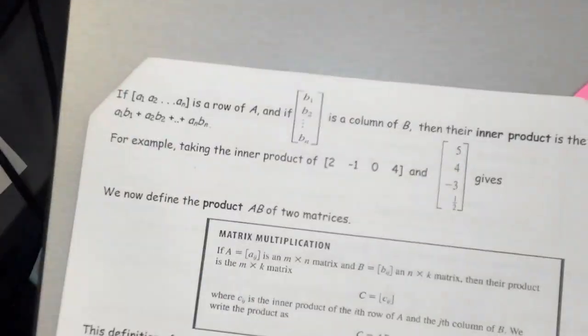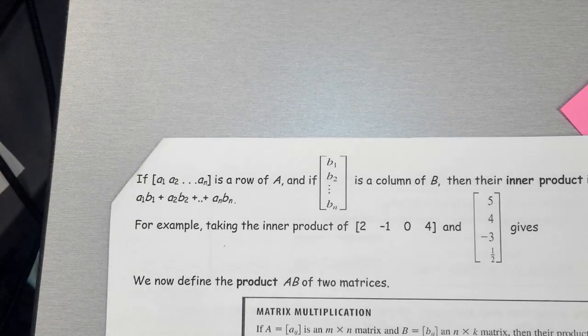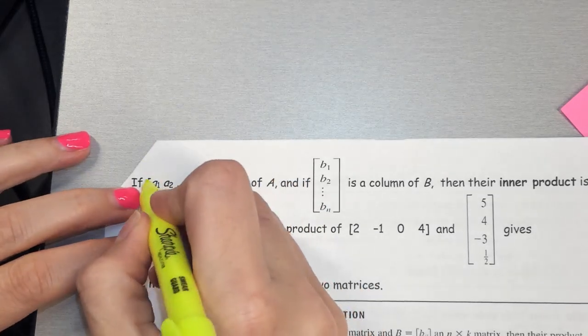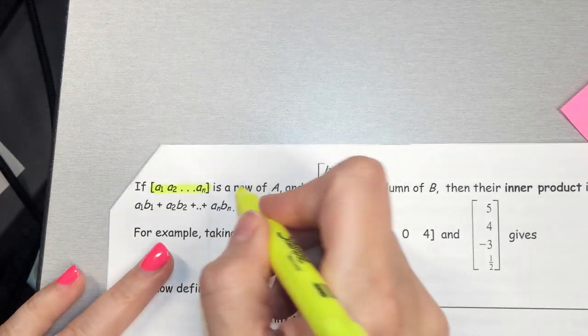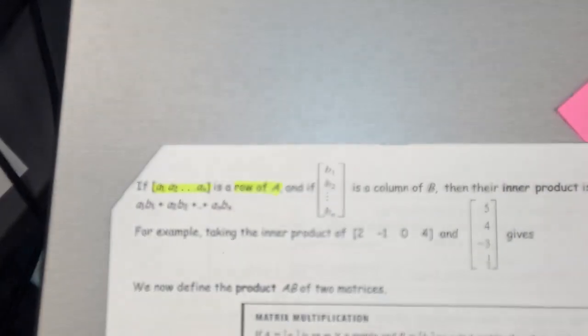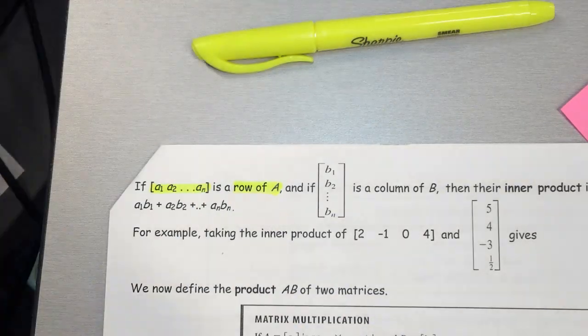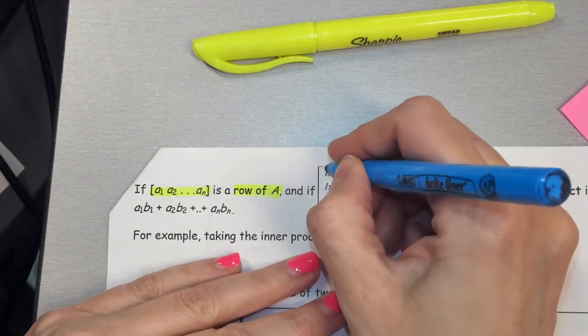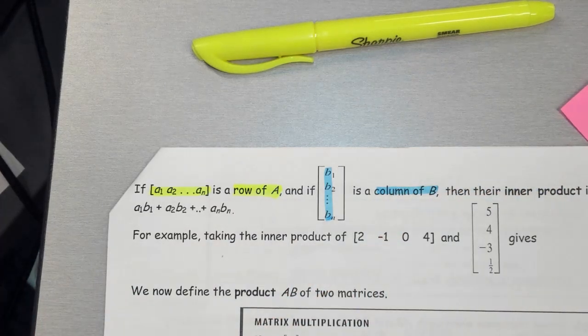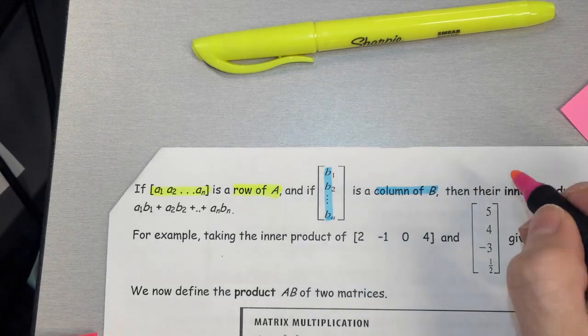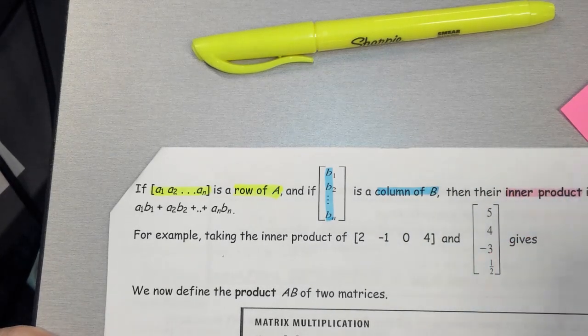The inner product is when you take A1, A2, up to AN, which is a row of A, and multiply by the values in a column of B and find their sum. Okay, so the inner product is honestly similar to the dot product.